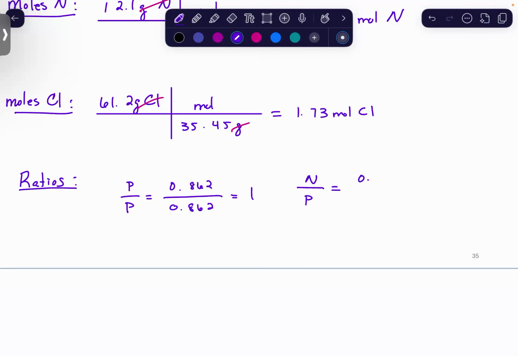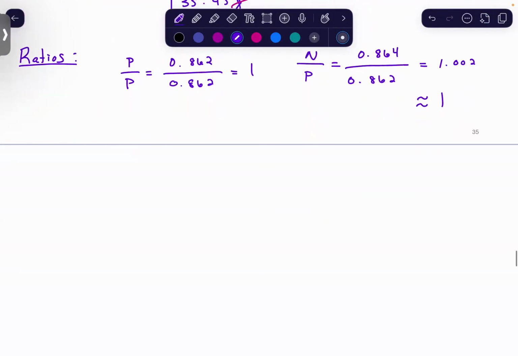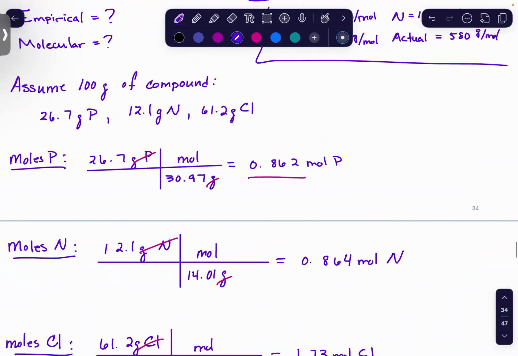That's going to be 0.864 over 0.862. That's going to equal 1.002, which is very, very close to 1. So we round to 1. Our last ratio is going to be chlorine to phosphorus. And we only need these 3. We don't have to ratio chlorine to nitrogen. We're going to ratio every atom to the atom that has the lowest number of moles.